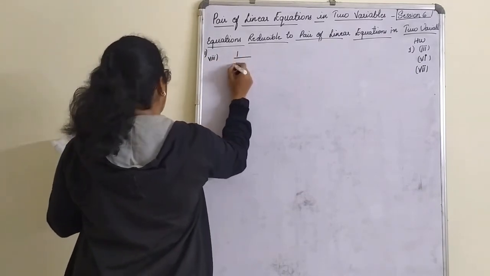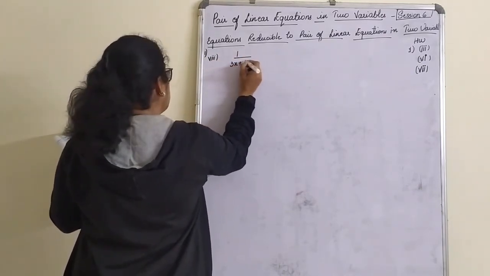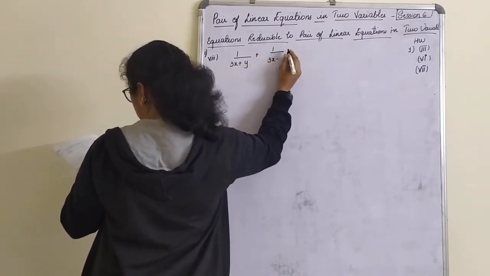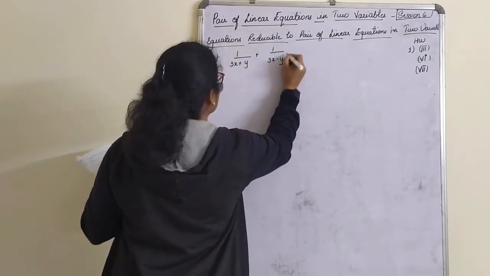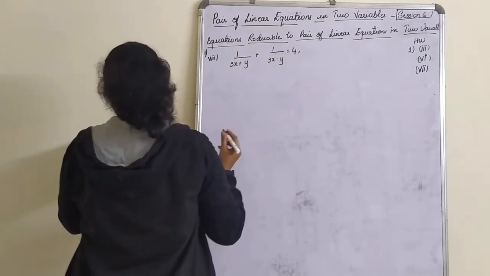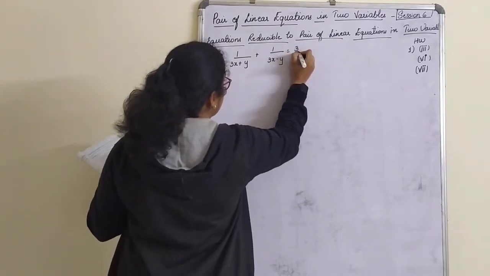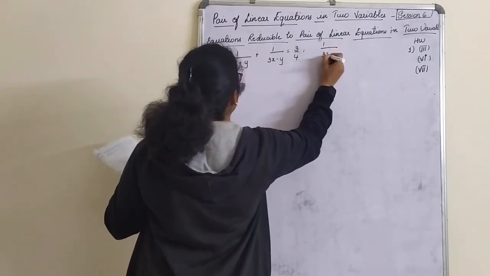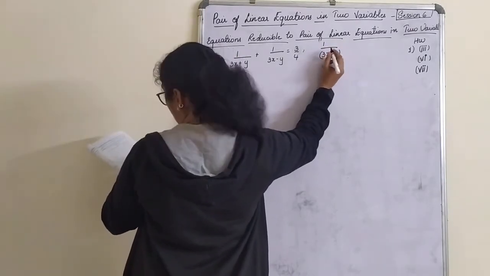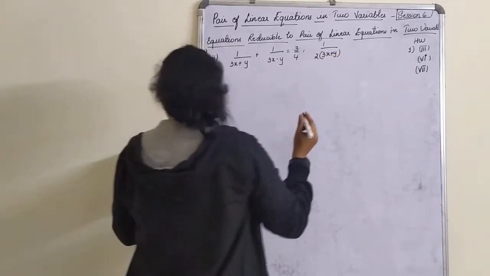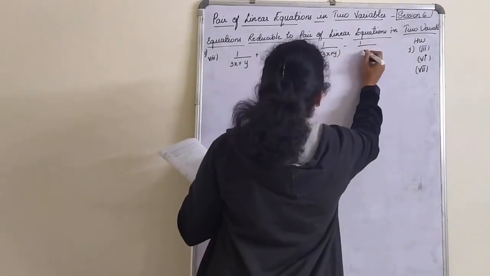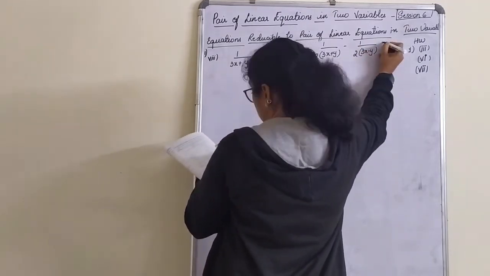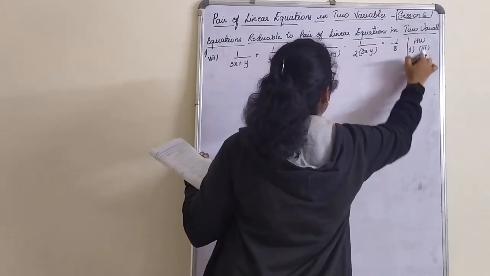The 8th one is 1 upon 3x plus y plus 1 upon 3x minus y is equal to 3 by 4. And the second set of equation is 1 upon 2 of 3x plus y minus 1 upon 2 of 3x minus y is equal to minus 1 by 8.